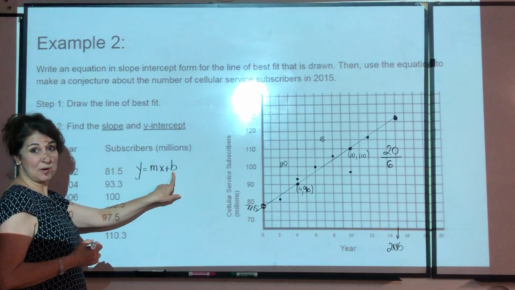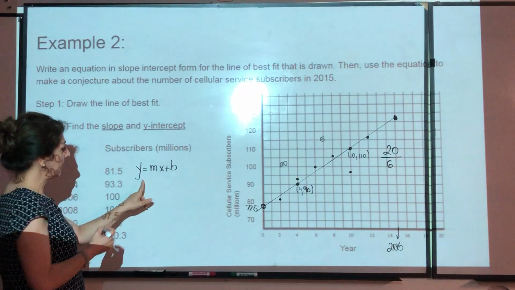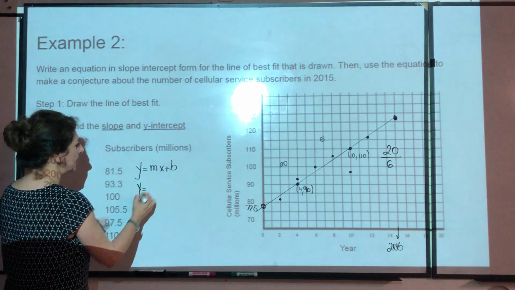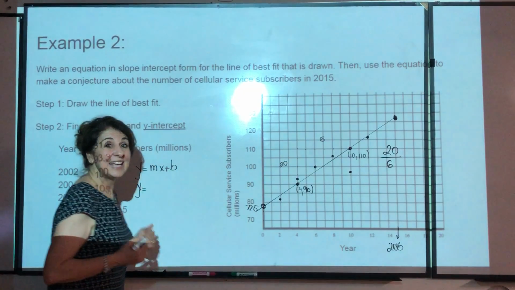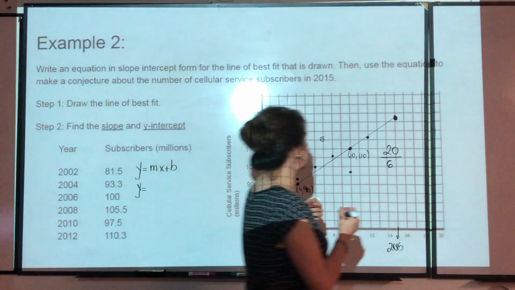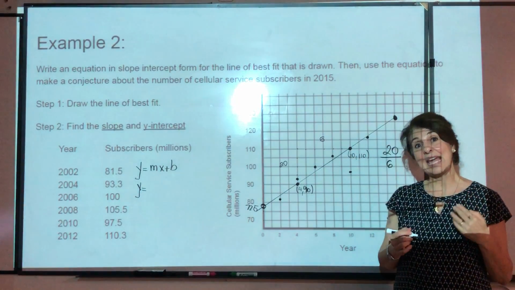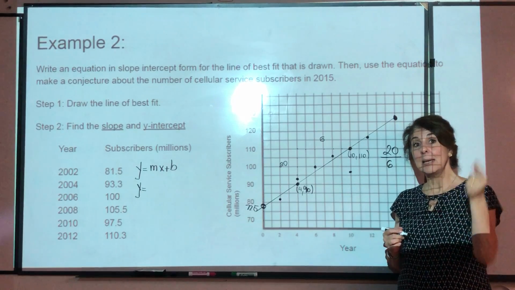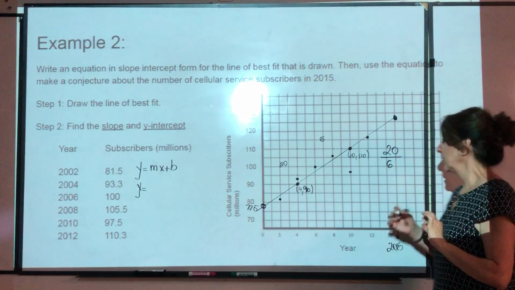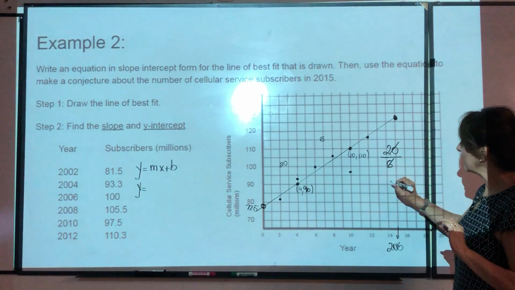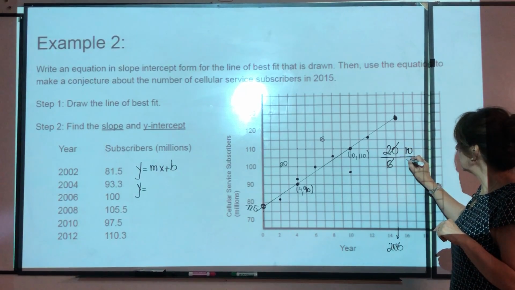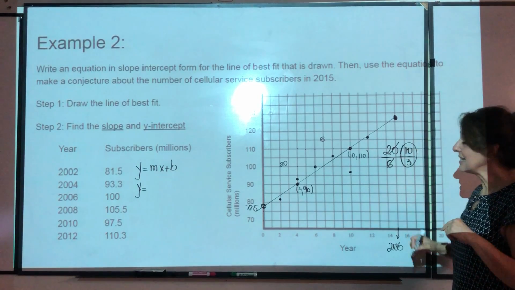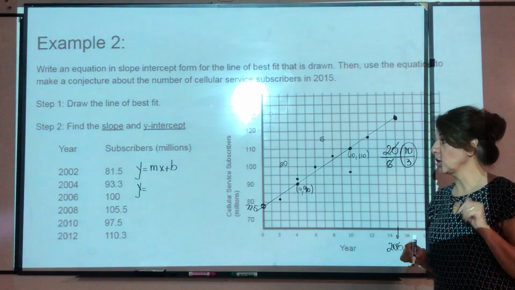So that's where it would be my letter B. So Y here is going to be M. 20 over 6. Can I simplify that? Yes. Should I simplify? Yes. Do I write this in mixed number form? No. So here we go. I can divide both by 2 and I get 10 over 3. And this is going to be my slope.